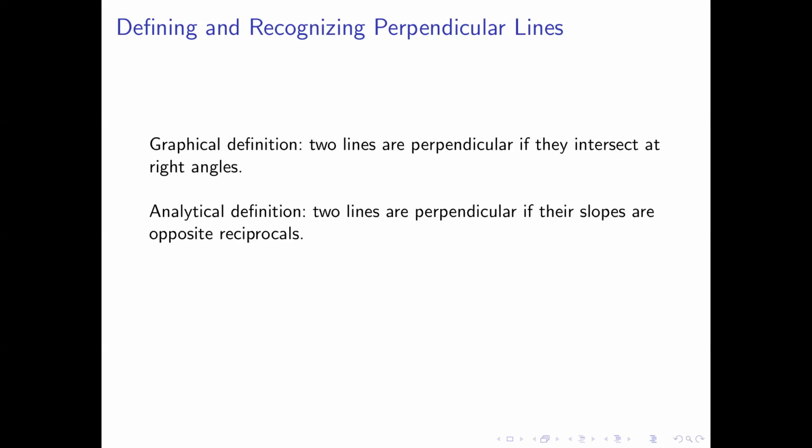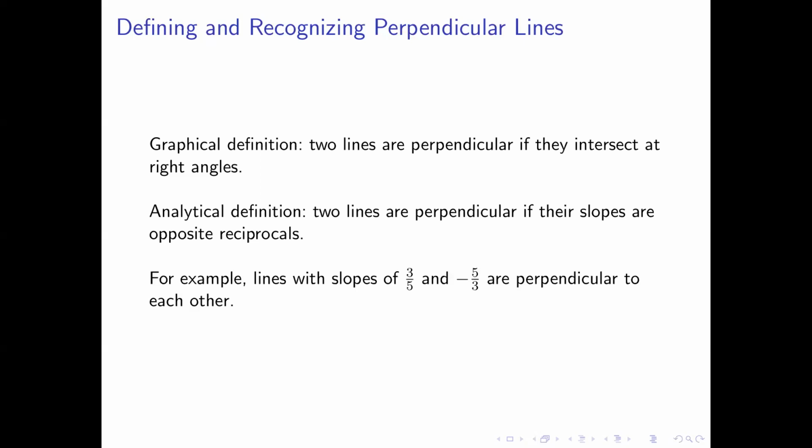Here's an analytical definition. We can say that two lines are perpendicular if their slopes are opposite reciprocals of each other. There's some vocabulary we need to recall here. Remember, reciprocal refers to what you get if you take a fraction and flip it upside down. So if you have 3/5 and you flip it upside down you get 5/3, those are reciprocals.